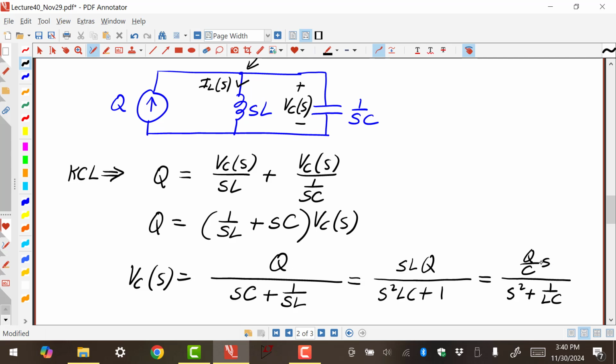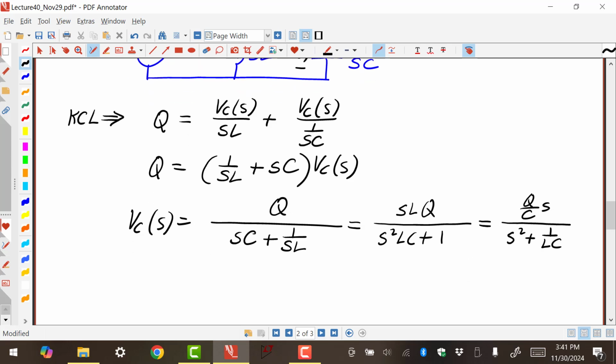Now, this should already start making sense to you, because if you look at Q over C, what's Q over C? That's volts, because charge is equal to volts times capacitance. So Q over C has the units of volts. And this makes perfect sense because you have Q over C times S divided by S squared plus omega naught squared.